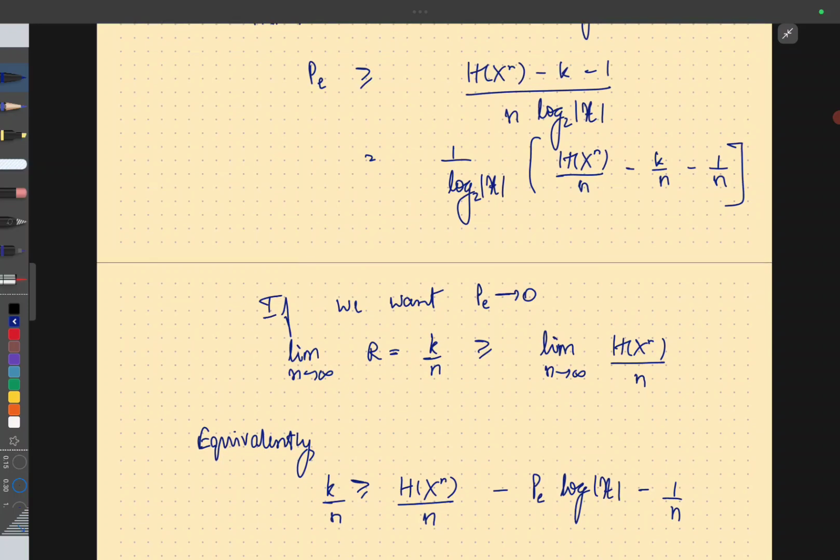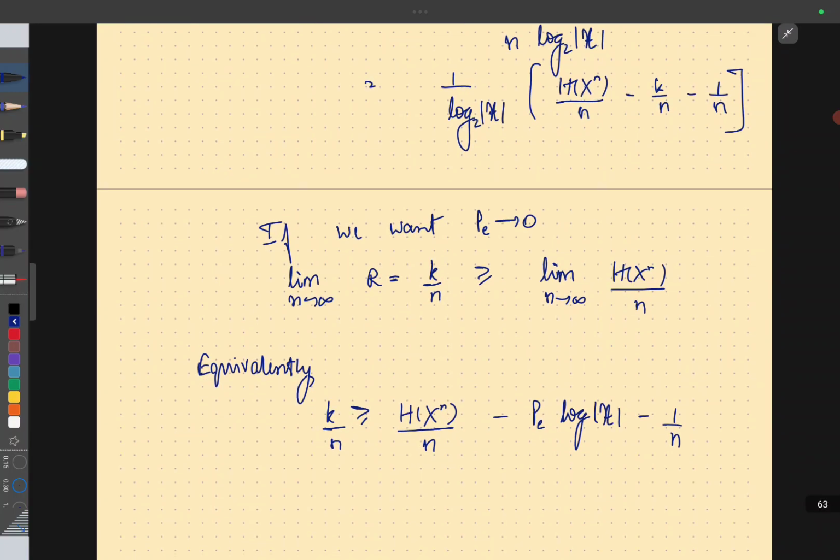Then we can't technically say P_e goes to 0. Yes, but it's saying something else, right? If we want P_e to go to 0, then it is necessary to have R to be greater than or equal to this. So it's a one-way statement, right? If P_e goes to 0, then this must happen. But just because this happens doesn't mean that this should happen.